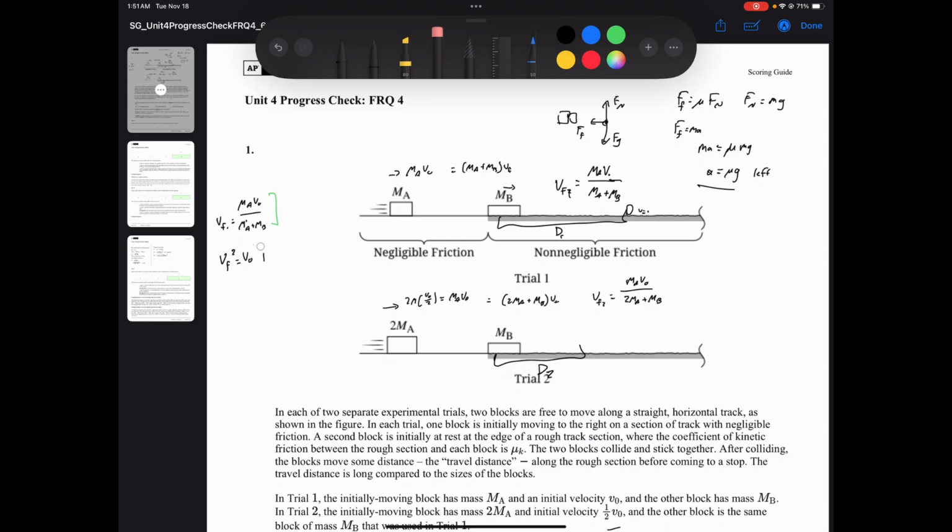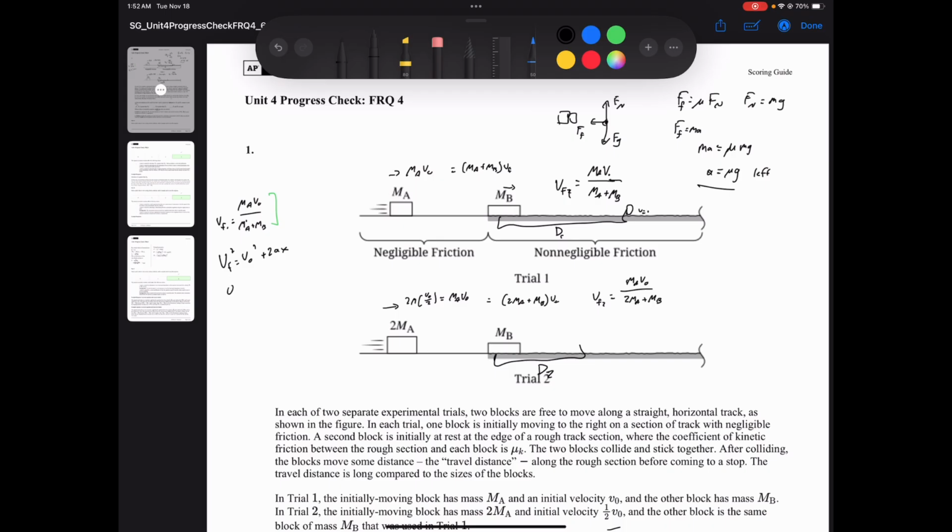So we have to write an expression for D1. We know that it's accelerating, and we are going to figure out the displacement. The initial velocity when it enters the region is ma v naught over ma plus mb, and then the final velocity is going to be 0. So I'm going to use the time-independent relation, vf squared equals v naught squared plus 2ax, where x is just d1.